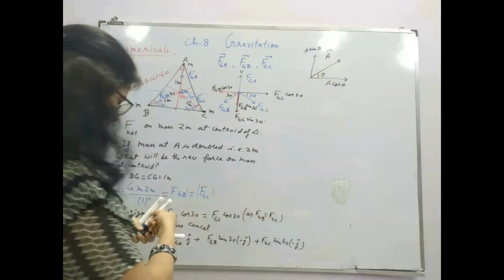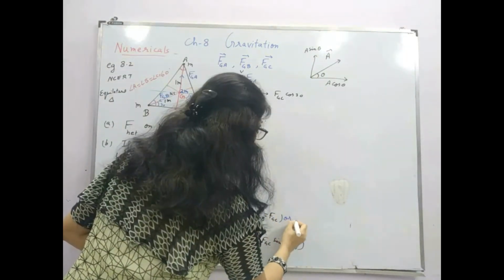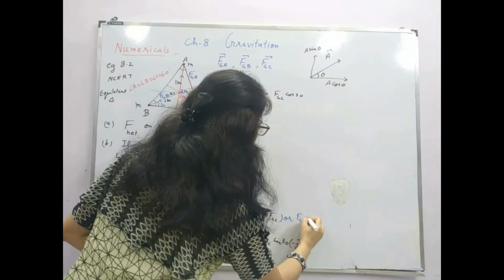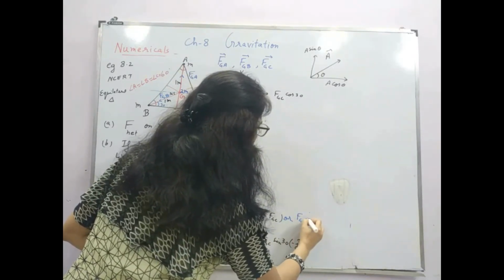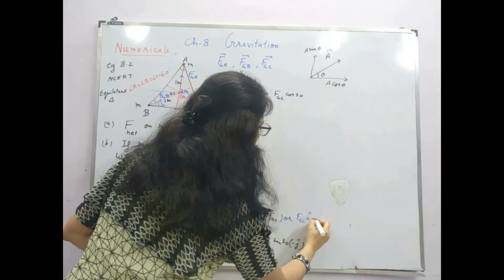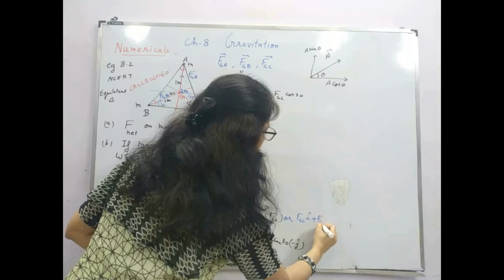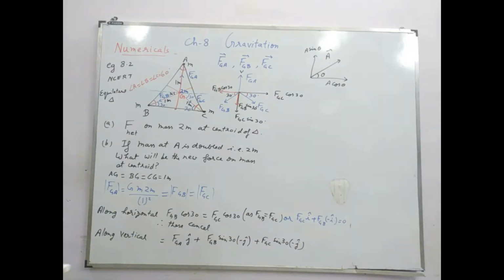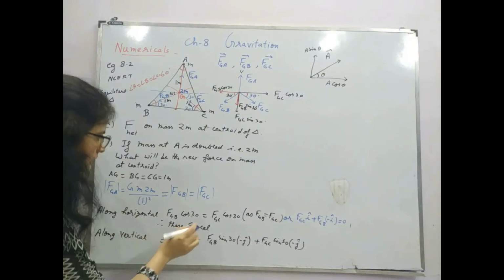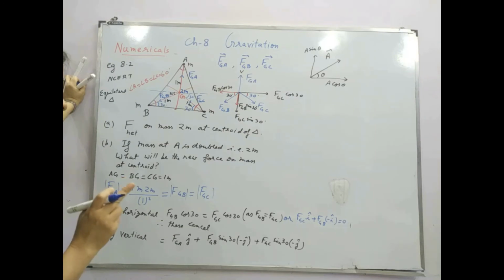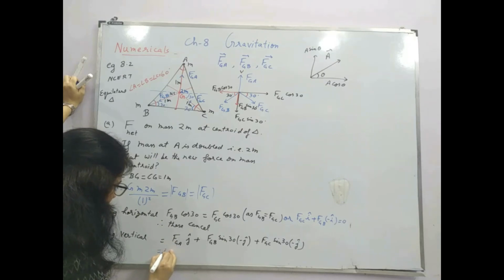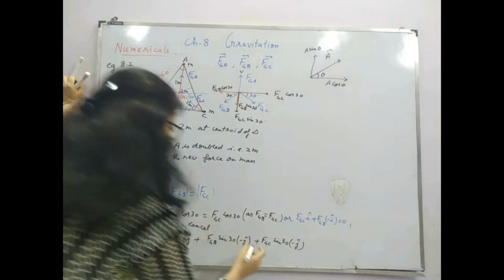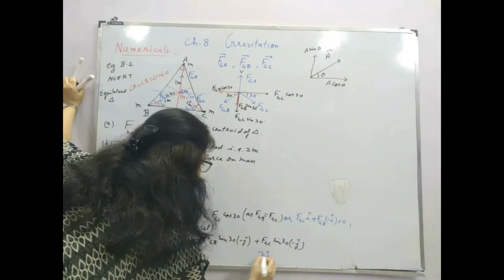Similarly, I could have written this way also, or FGC J cap, I cap plus FGB minus I cap, and this will be 0, right? So now I can solve this. FGA and FGB and FGC, these have same magnitude, so I can take FGA outside and outside I'll take J cap also, right?